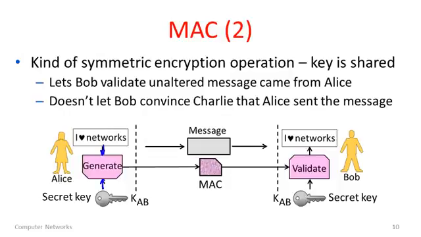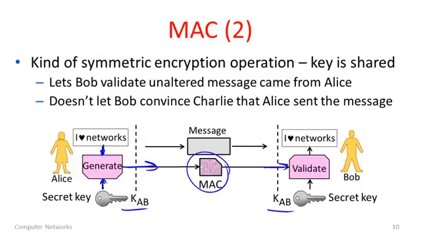It's parameterized by a key, and because this is a symmetric kind of operation, Alice and Bob share the same key. So this generation function for the MAC is going to produce the MAC, and it is not a very long message like the message itself. It's a shorter token here. But either way, it gets sent along.